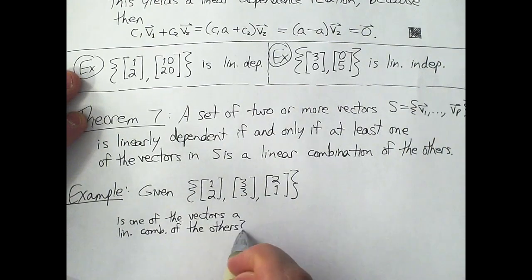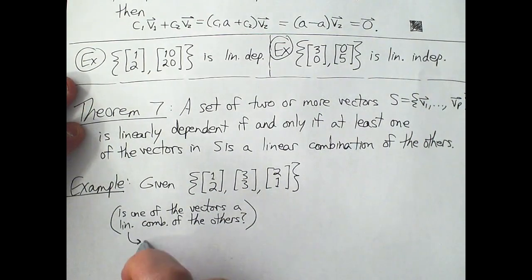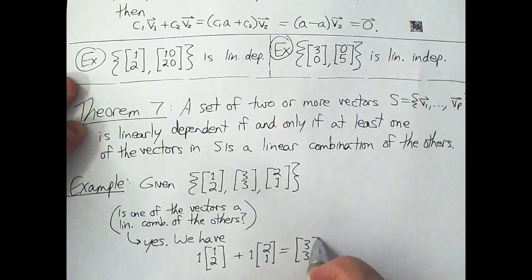Can we tell? Sometimes it might be easy to tell. Sometimes it might not be easy. I'm going to say yes, because I noticed that I could write the linear combination 1 times this plus 1 times this, and it equals the other vector.